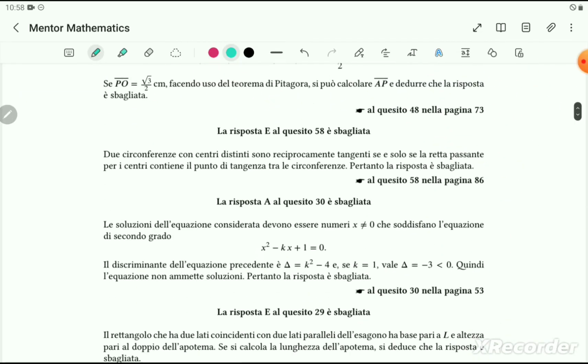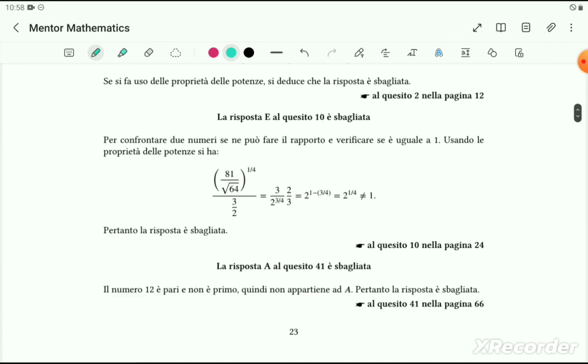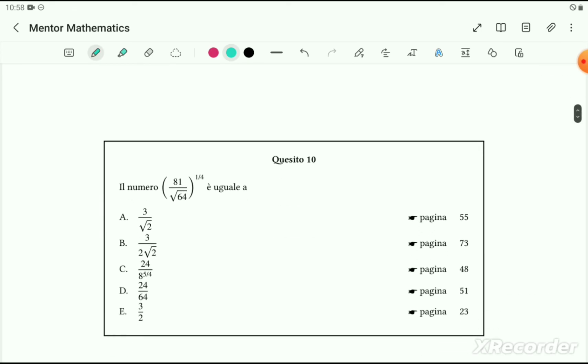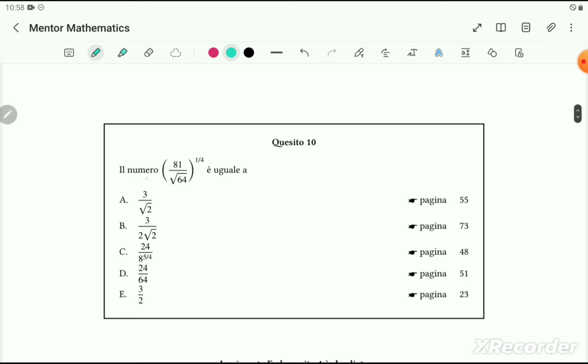Our last problem in this tutorial is question number 10. Okay, so it was not translated, but we can understand this equation we have to solve, and we have to find the correct answer.